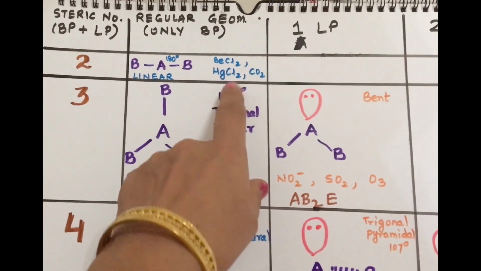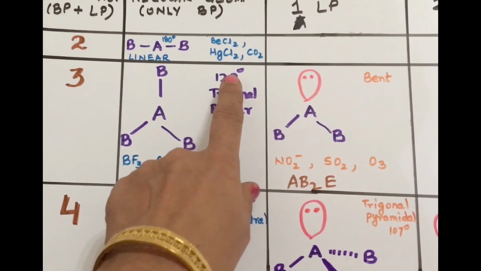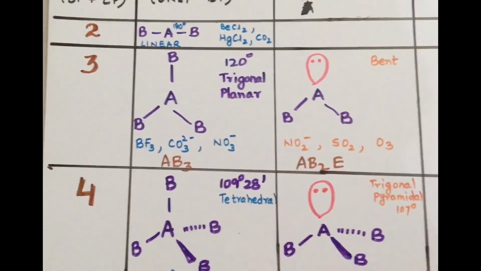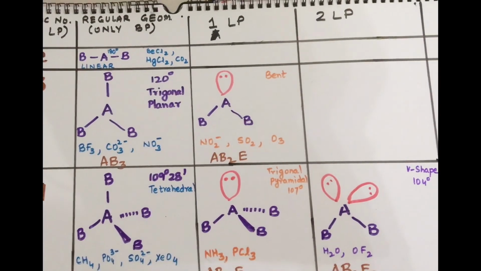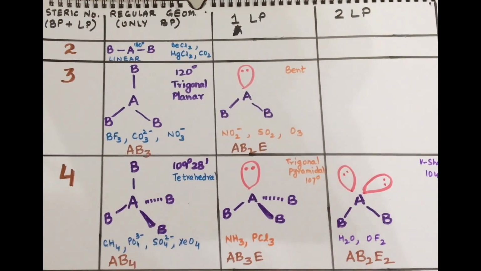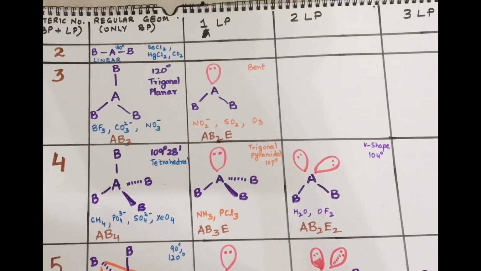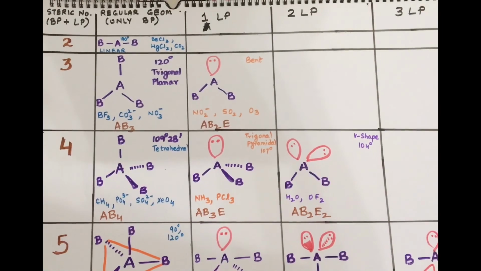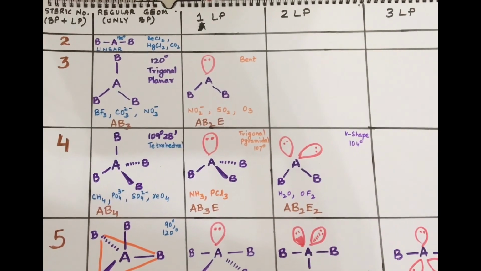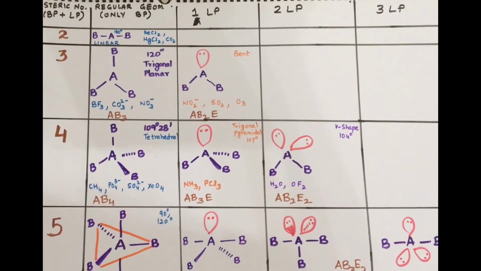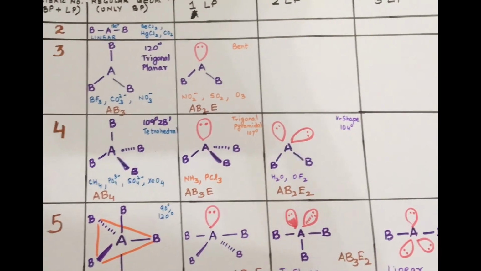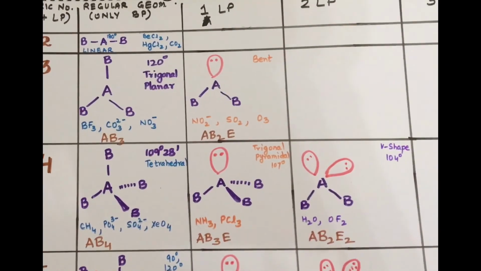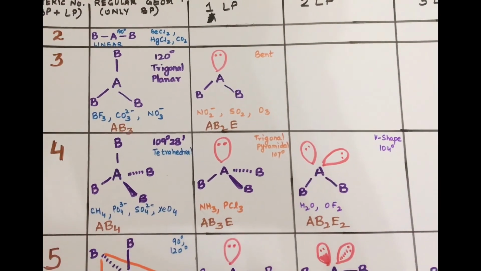So if you notice over here, I've tried to include the bond angle, the shapes, so that everything becomes very, very clear in one paper itself, and we do not have to flip through 10-20 pages or maybe 2-3 books sometimes. Yes, please go ahead and make best use of this.